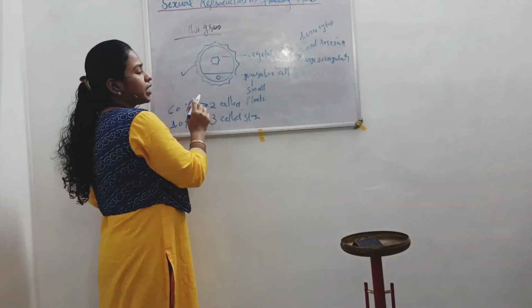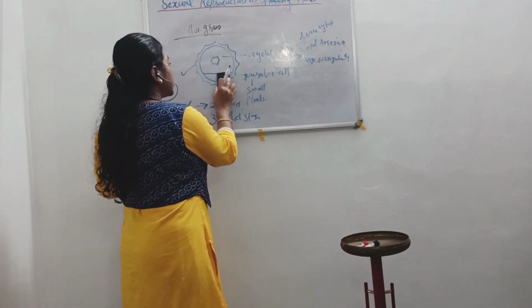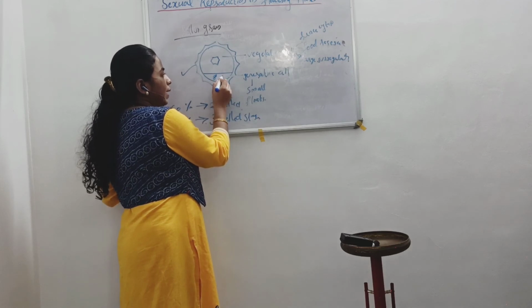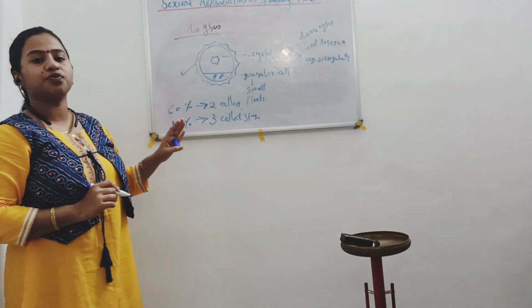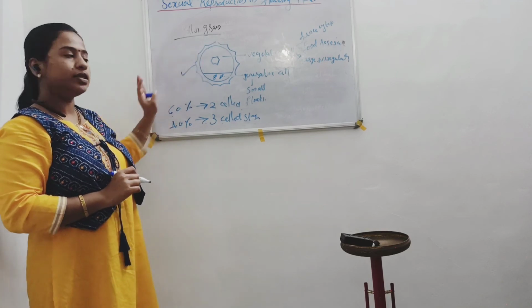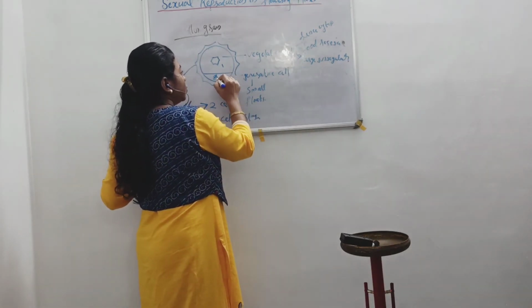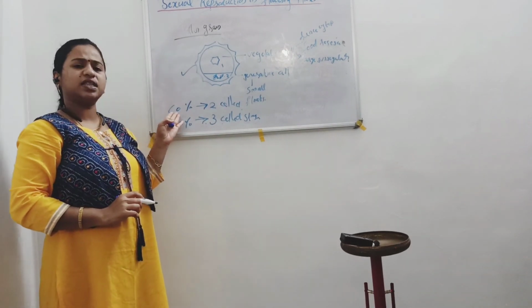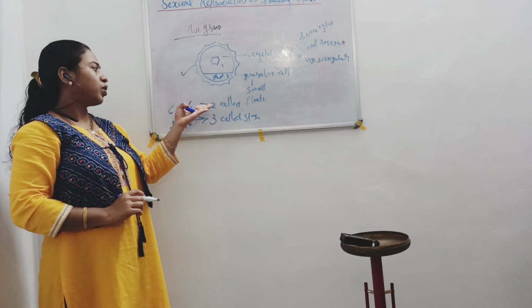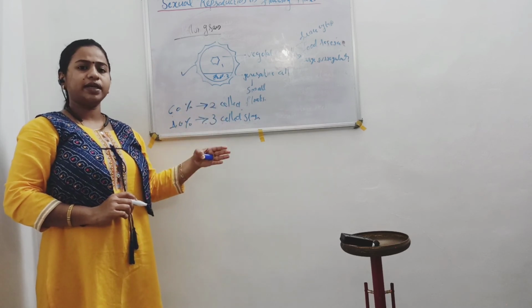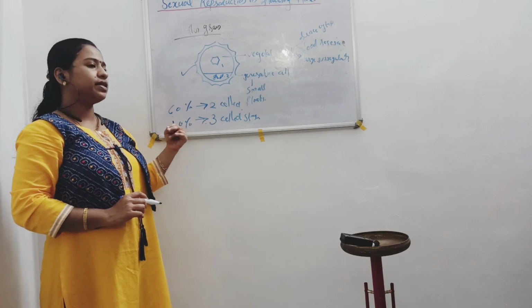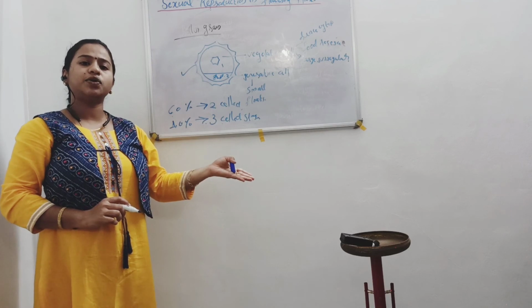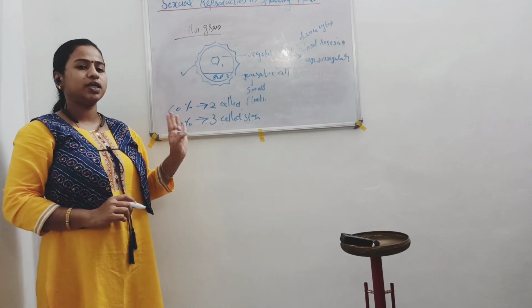That is, the generative cell divides mitotically to form two male gametes. So there are altogether three cells: one, two, three.